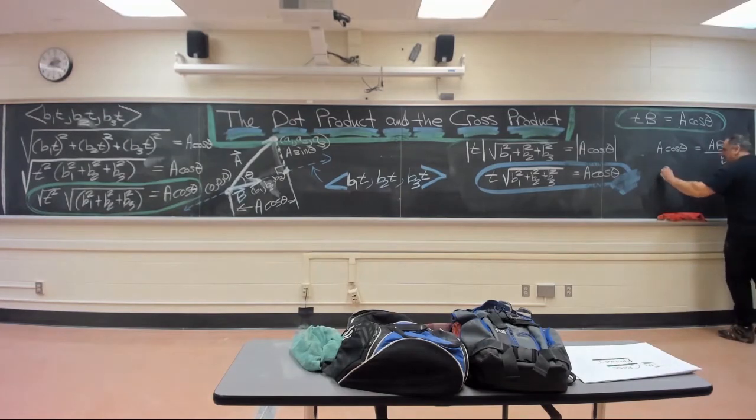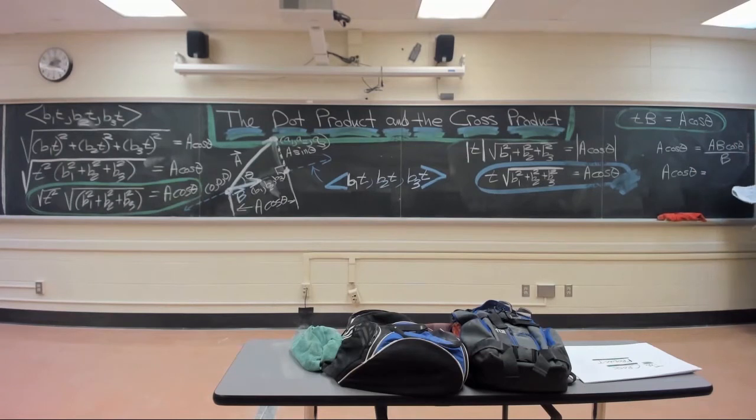Well, because that means that A cosine theta is indeed this, which is the same as, didn't we say that AB cosine theta, we've been saying from the very beginning, is A vector dot B vector over B. Well, yeah, true. If I multiply by B on each side, A vector dot B vector is AB cosine theta. Yeah, true.